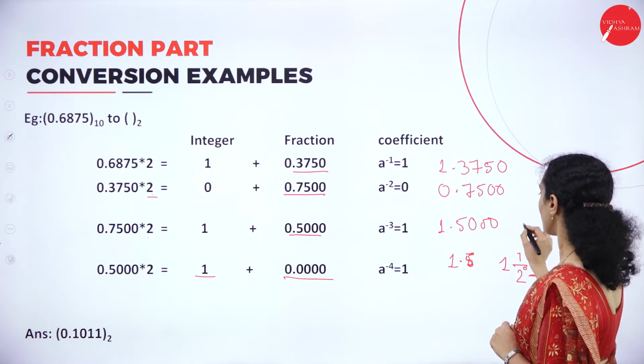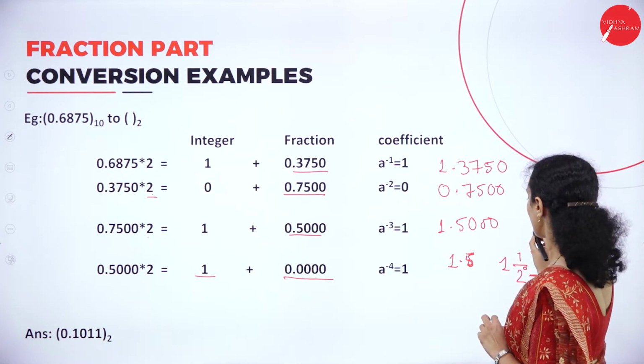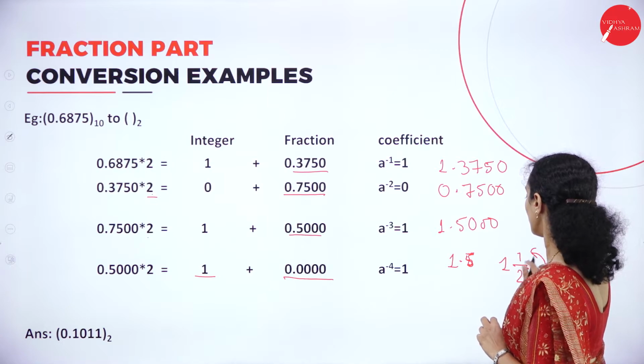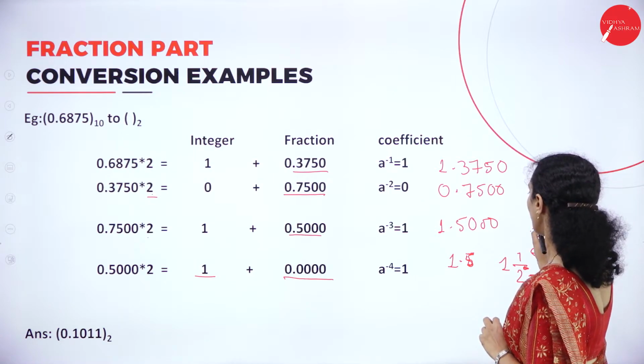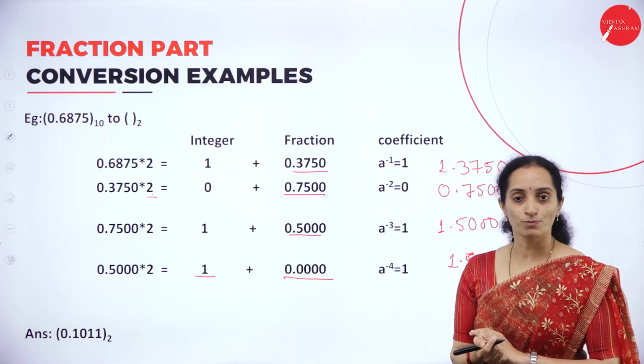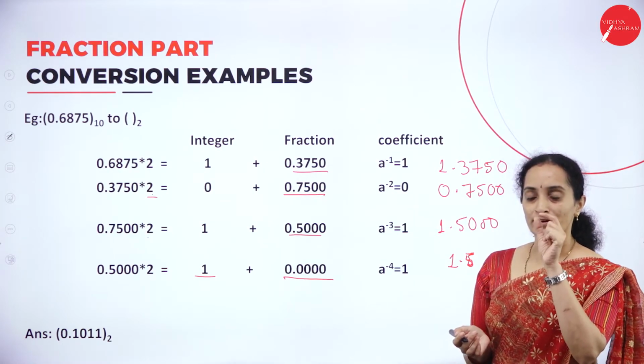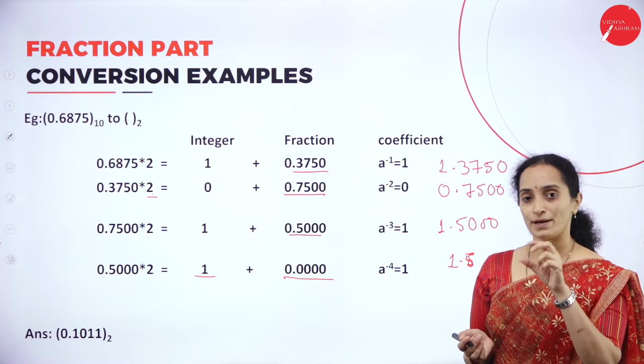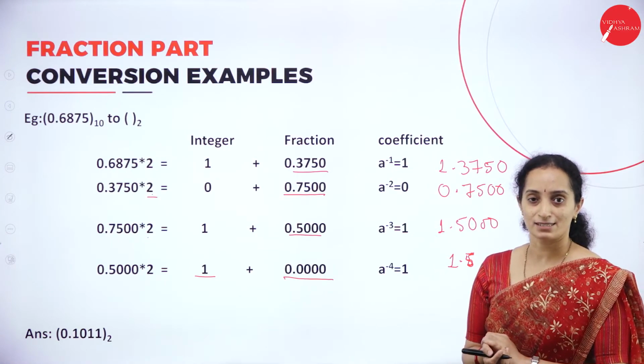How do you bring it to the numerator? If you take 1 by 2, it will become 2 to the power of minus 1. When you take that number to the numerator, the power becomes negative, is it not?